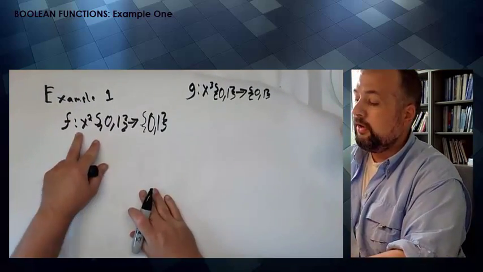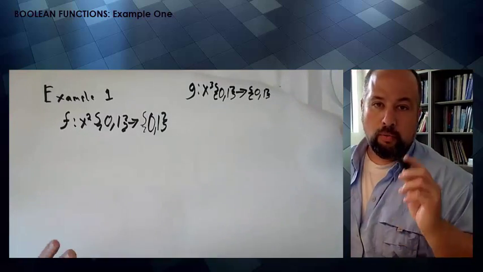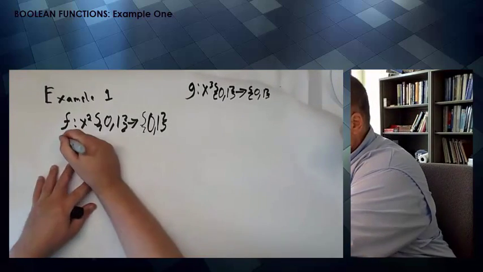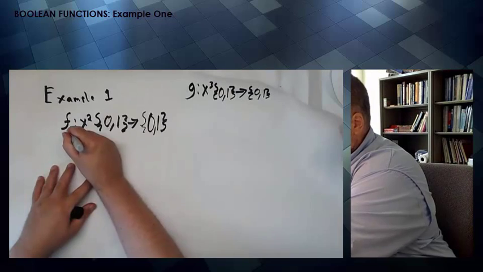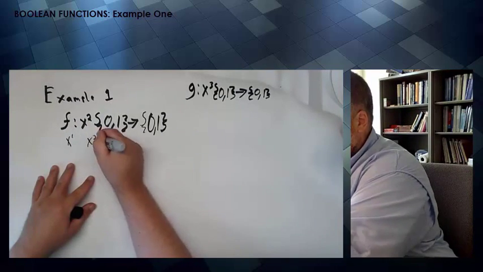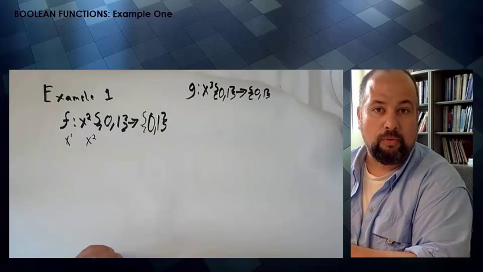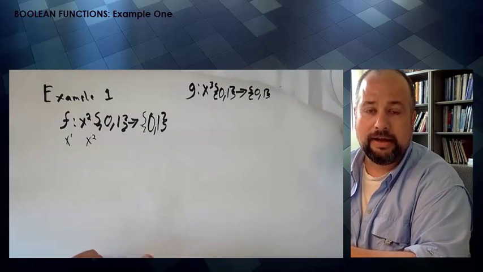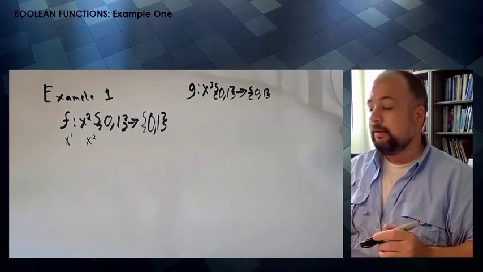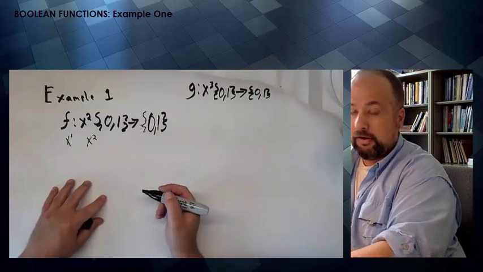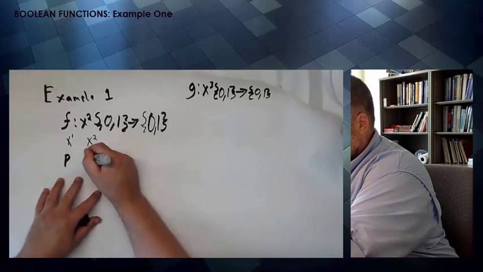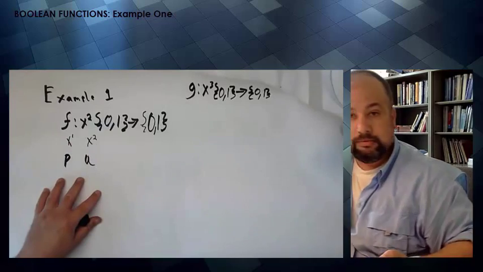Well, first, the way we talked about it before, you would have x to the 1 and x squared, but that actually is kind of cumbersome to work with and not particularly informative. A lot of times you'll just pick variables like p and q, right?